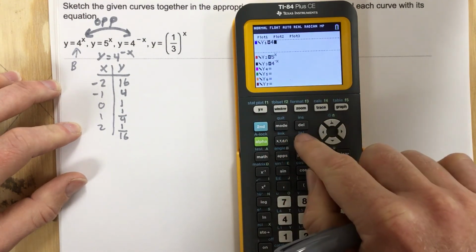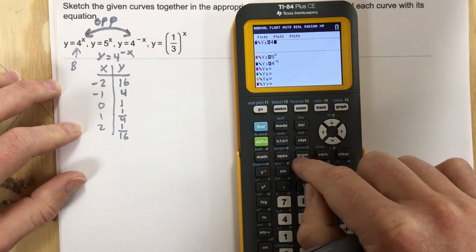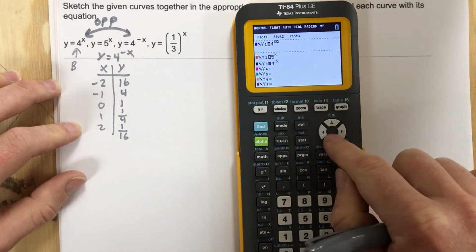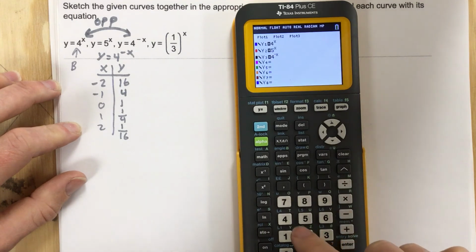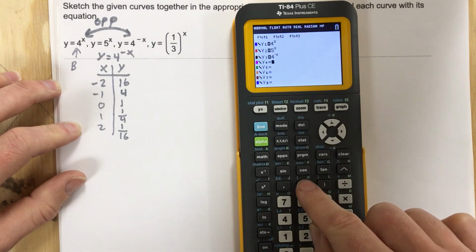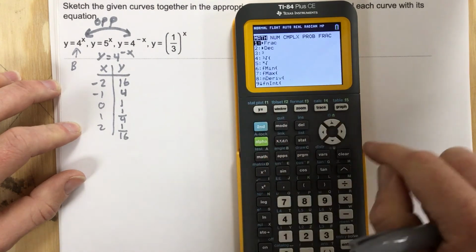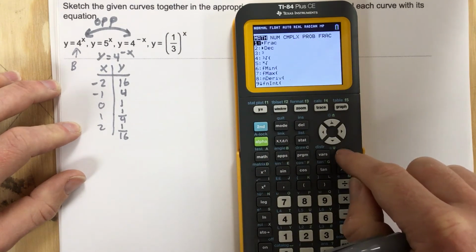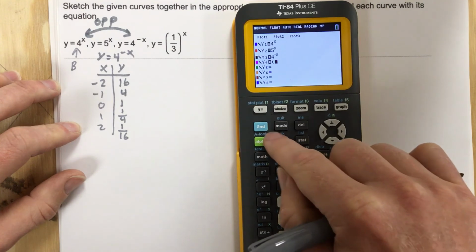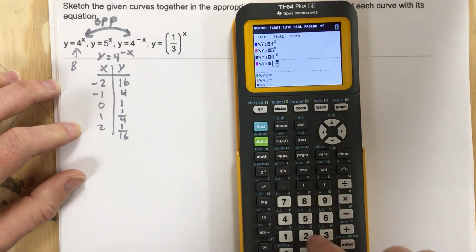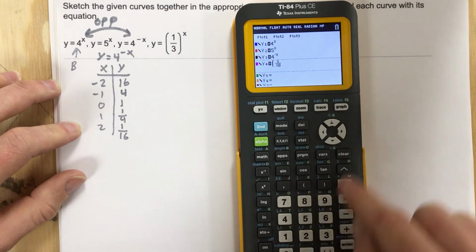Deleted that on accident. And we want the fraction 1/3.